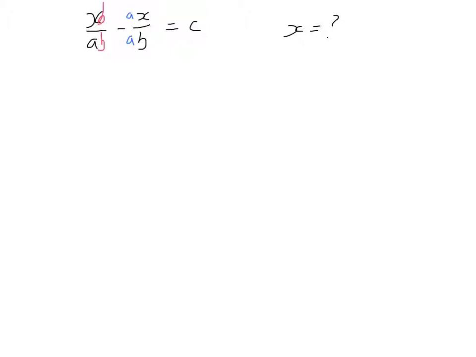So that will now leave us with BX take away AX over AB equals C. Now, if we multiply both sides by AB, we'll cancel that down.